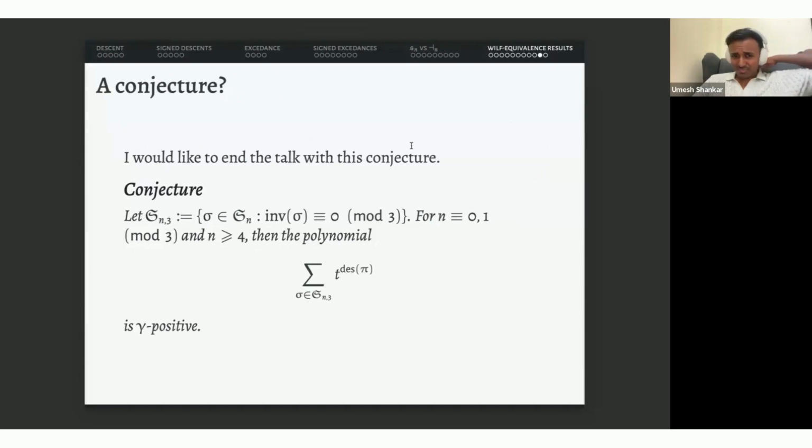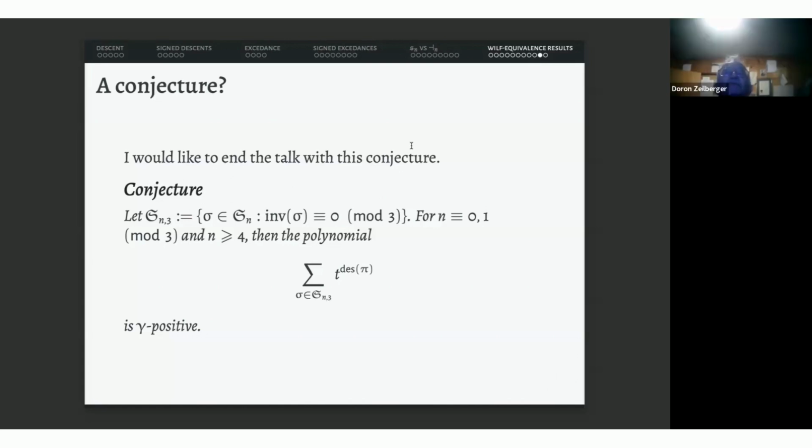If you look at the number of permutations in Sn whose inversions are 0 mod 3, then for all n of the form 0 and 1 mod 3, with n greater than or equal to 4, the polynomial appears to be gamma positive, when you count descents over this particular set of permutations.